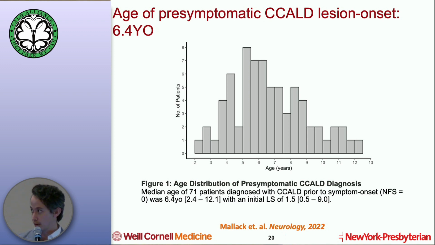I'll tell you now, if you limit this data set to the patients who are identified with a Loes score of 1 or 0.5, then the median age of onset was 5.8 years old, so under 6. So we're able to find evidence of early cerebral ALD earlier in life, which should then give you more lead time in terms of treatment.